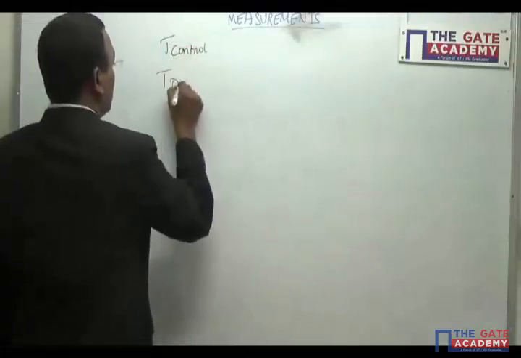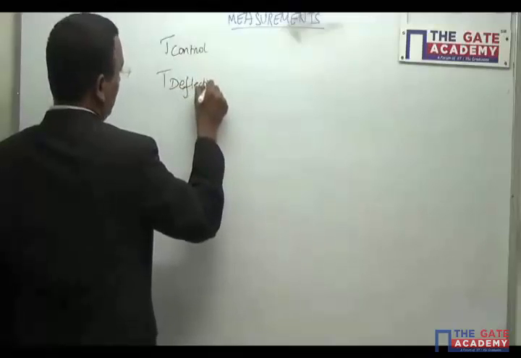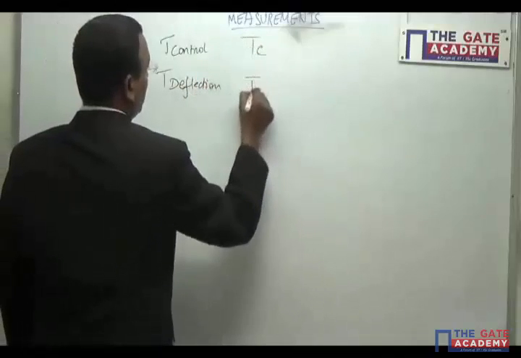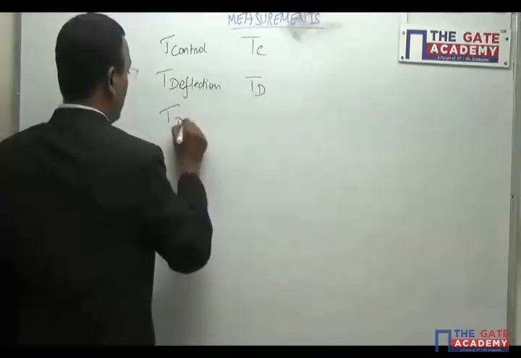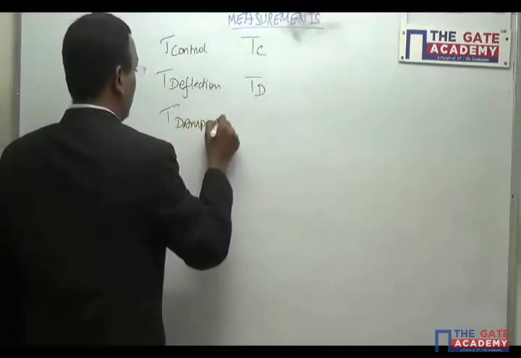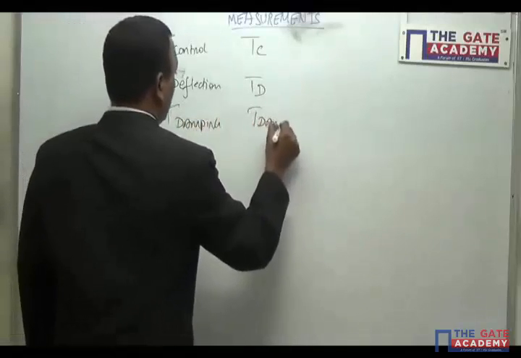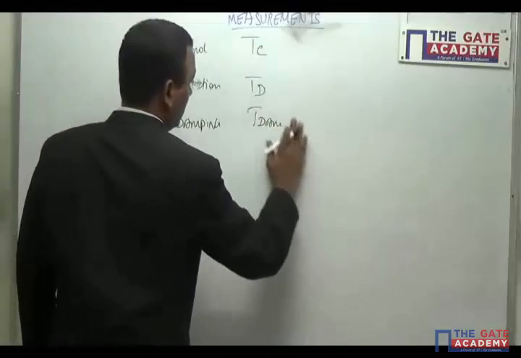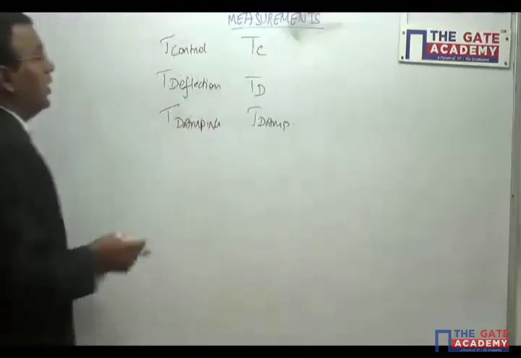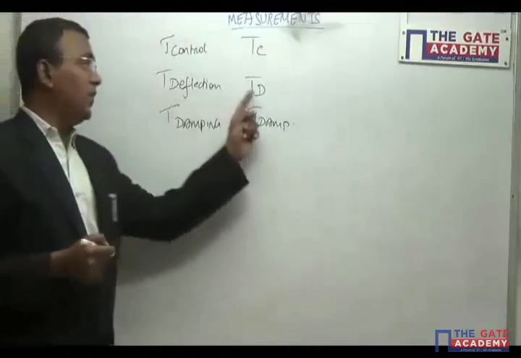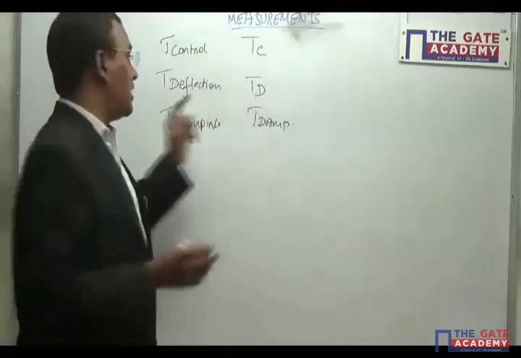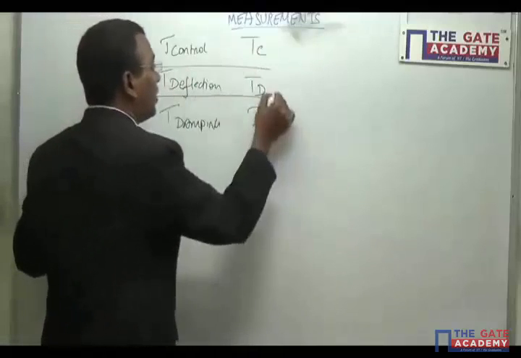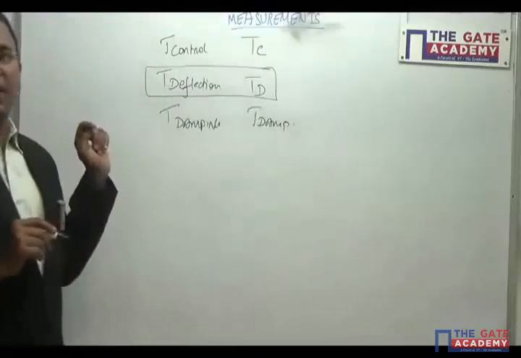In short it's T_C, T_D, and this is T damping. These are the symbols we represented. Mainly the deflection torque is the measurement. Whatever is happening because of the measurement is what we call deflection torque.